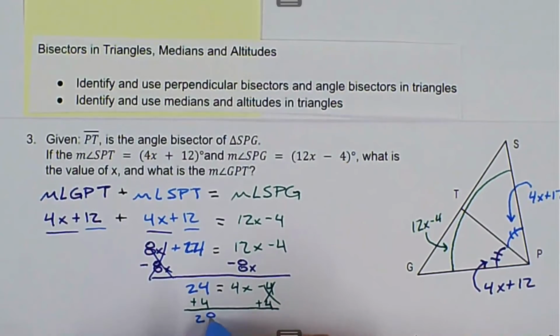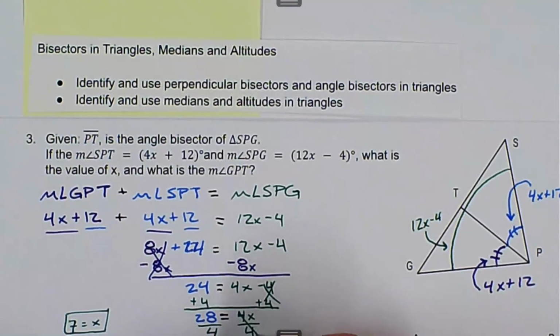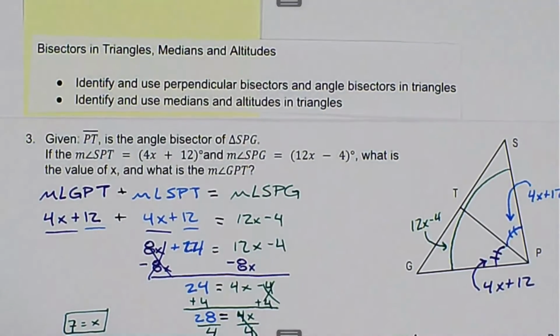And we get 28 is equal to 4x. And we can divide both sides by 4. And then we get 7 is equal to x. Our 4's cancel. 28 divided by 4 is 7.